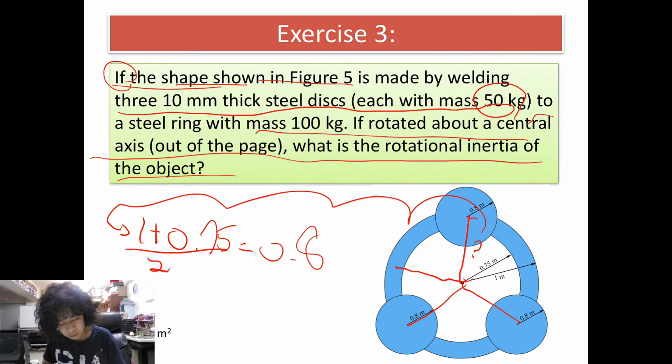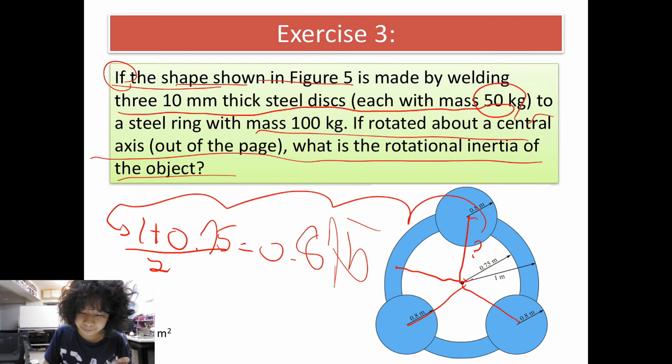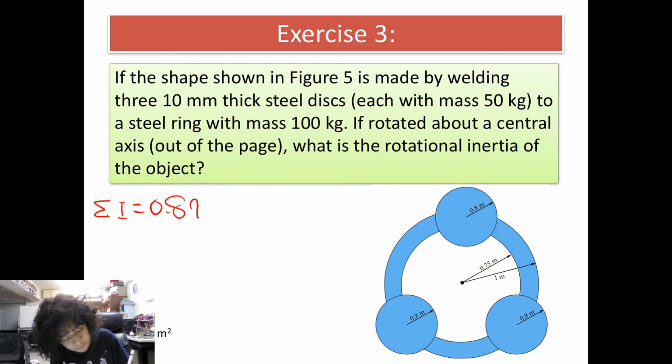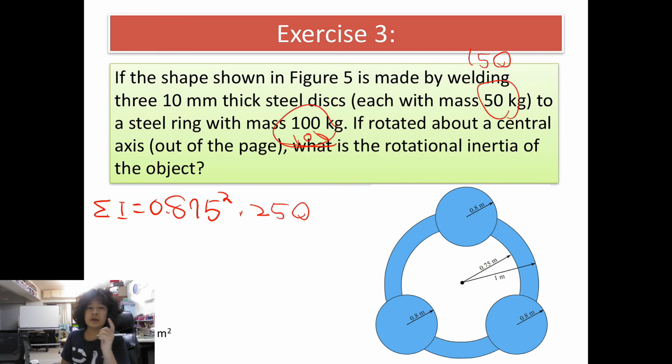So first, sigma I equals, maybe you will think, 0.875 squared times how much? 50 times 3 plus 100. This is 150. This is 100. This is times 250. But you forgot one thing.